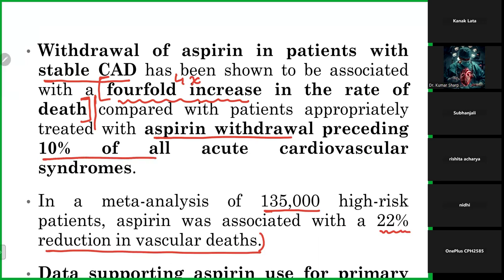Sir, actually, this was part of a trial study in which they had withdrawn the aspirin in patients with stable disease, comparing it to patients with an acute setting of CAD, and there was a fourfold increase in death, sir. So the ACC guidelines were framed according to this study, sir.